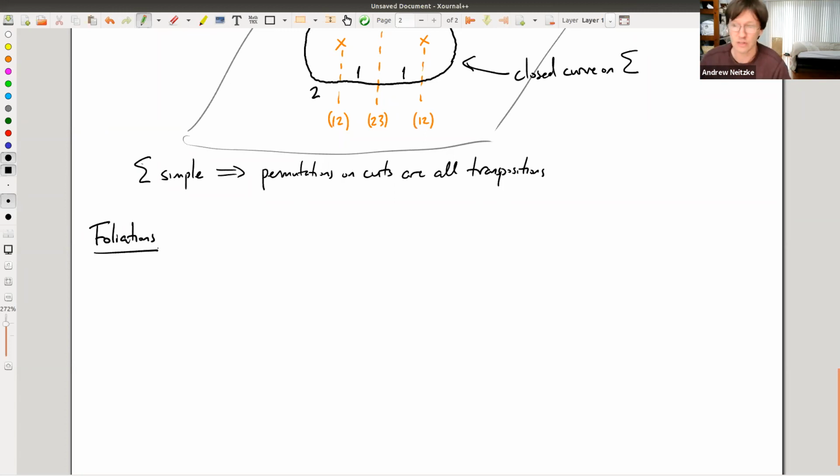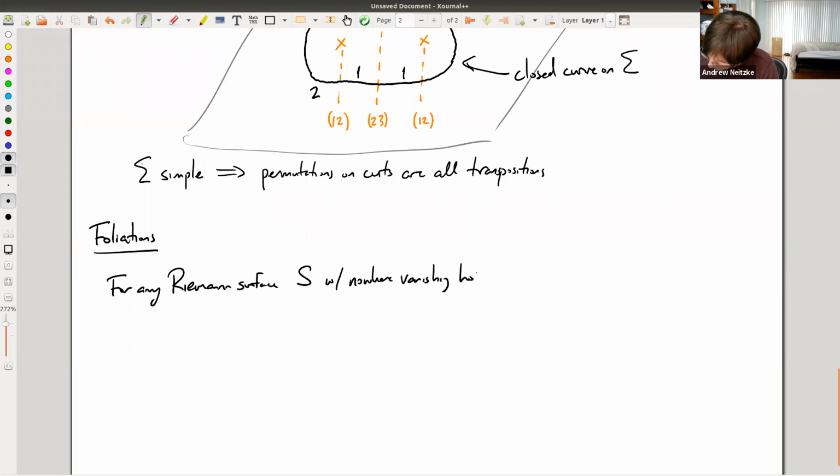So let's start with, suppose you have any Riemann surface S with a nowhere vanishing holomorphic one form rho. Suppose you have that data. I want to say there's a foliation of the surface associated with that data. Well, what's the foliation?